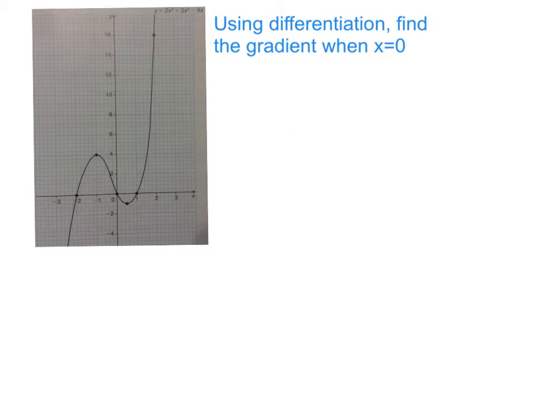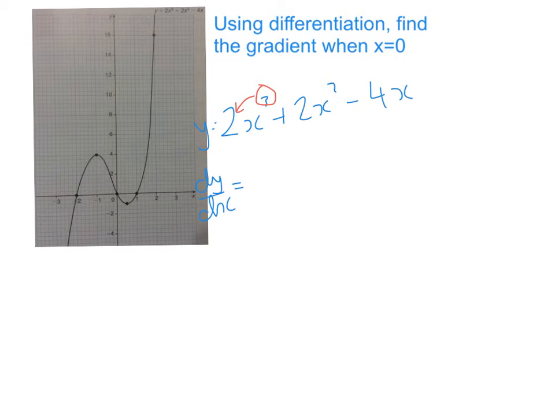Okay, so let's see if we get the same answer using differentiation. Now the rules for differentiation are very, very easy. You'll get it very quickly. Now we've got y equals 2x to the power 3 plus 2x squared minus 4x. To find the differential, dy dx, what I'm going to do is get my index and multiply it by any number that's in front of it.